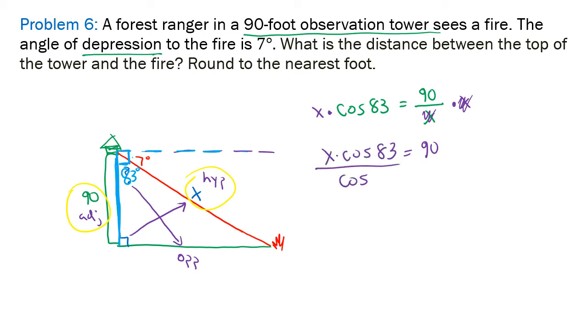Divide both sides by cosine 83. Those are going to cancel out. And so we're going to type in 90 divided by cosine 83. And we're going to get 738 feet. So the distance from the top of the tower to the fire is 738 feet.